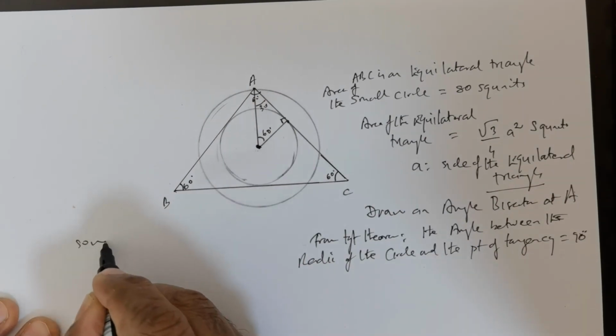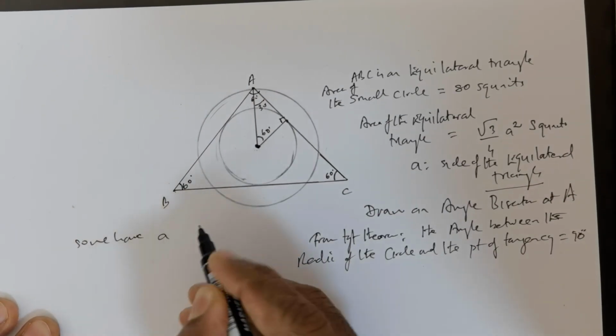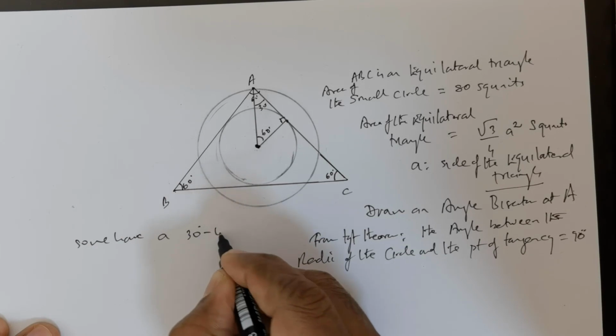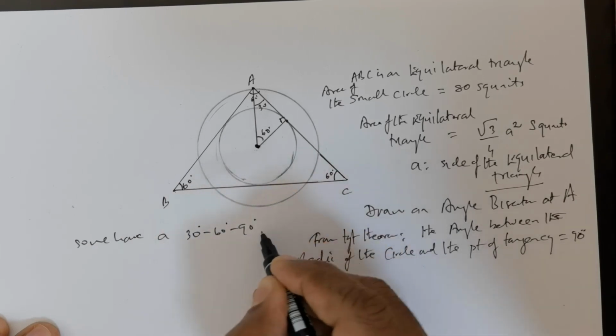So we have a 30-60-90 degree right triangle.